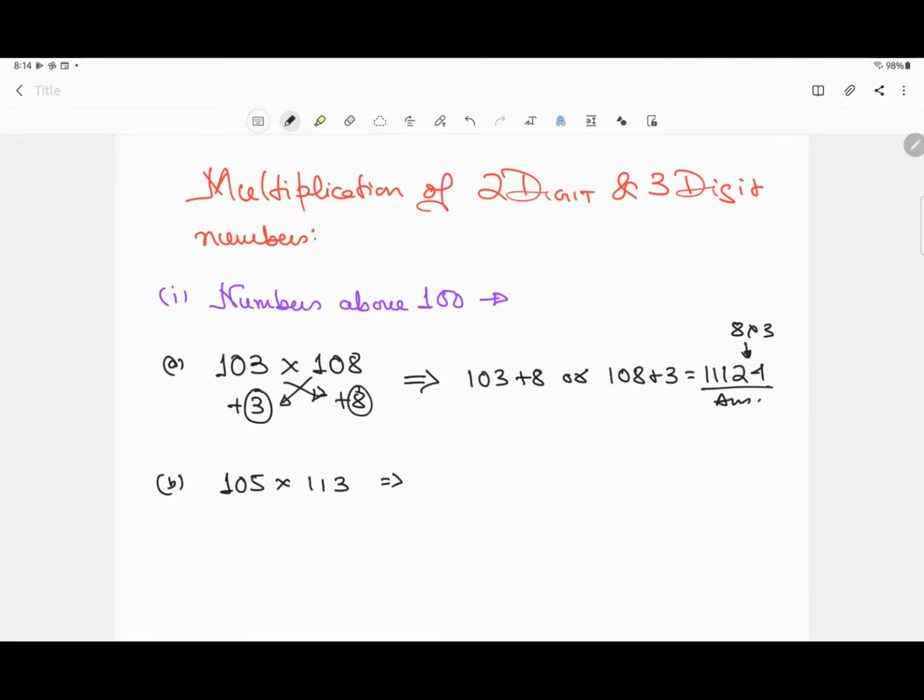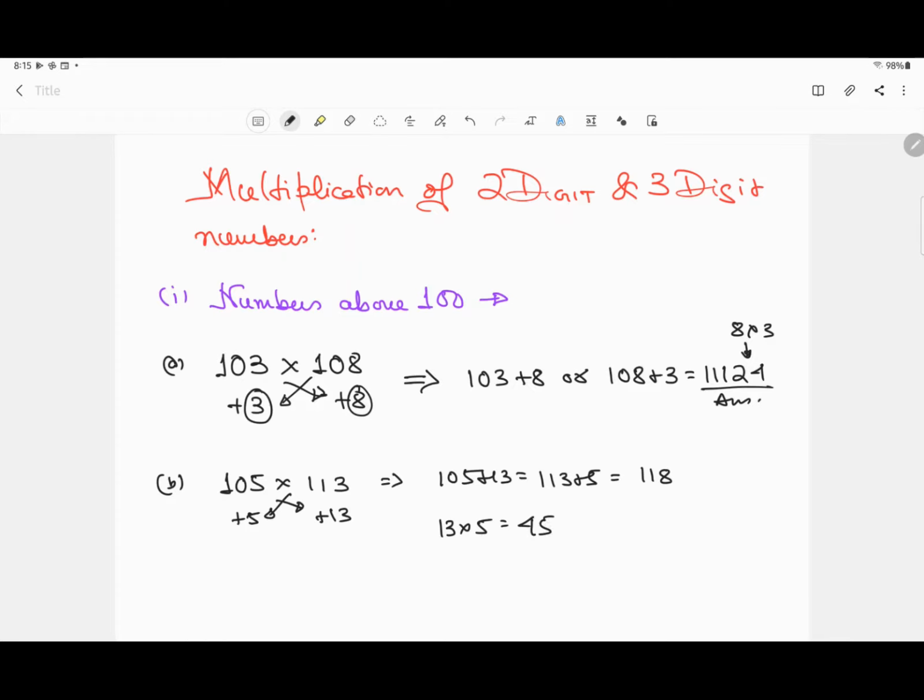Let us take 105 into 113. So it is 100 plus 5 and 100 plus 13. So what we did last time, it is 105 plus 13, or we can take 113 plus 5, right? So in both the cases we are getting 118.